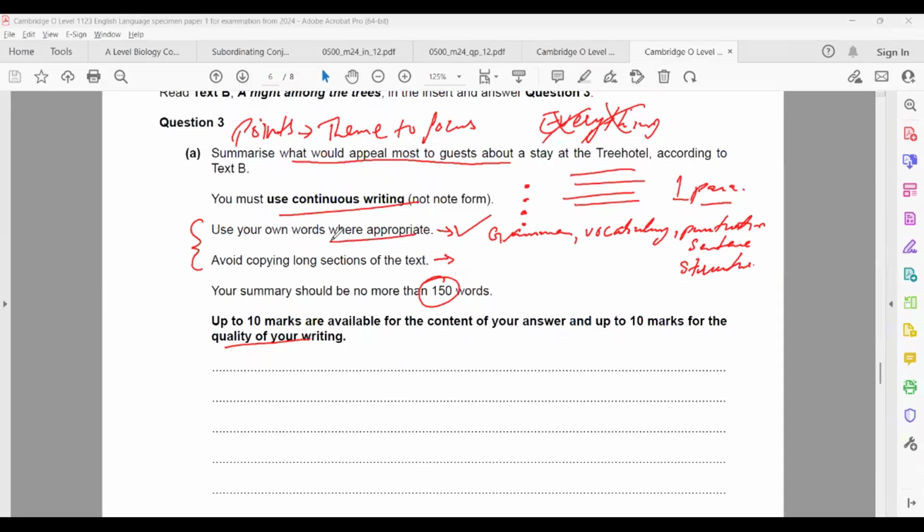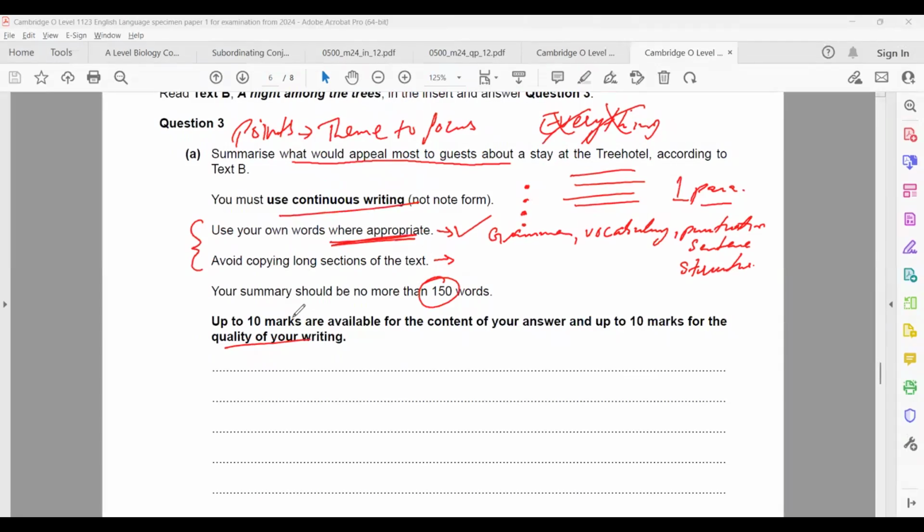Also, it says where appropriate. That doesn't mean wherever I can find a different word. It means that for most of the summary, you're supposed to use your own words, except where there is a terminology, or a word whose use in the text gives a specific meaning that you can't really replace with a synonym.